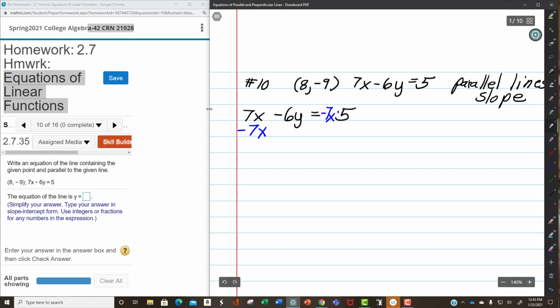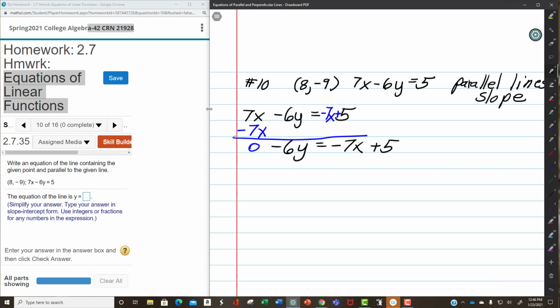And 5 is positive, so I put a plus. 7x minus 7x is 0. And I bring down the minus 6y equals negative 7x plus 5.